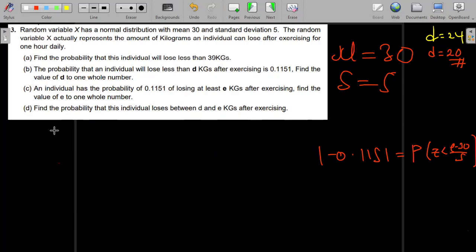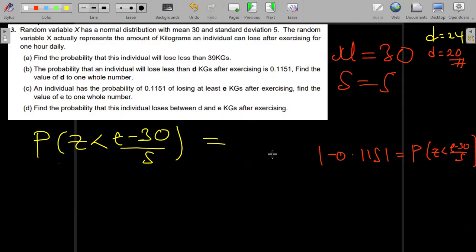Let me write it here properly: P(Z < (E − 30)/5) equals 1 minus 0.1151, which is actually 0.8849. So now we're just finding the probability that Z is less than this number, giving us this probability.